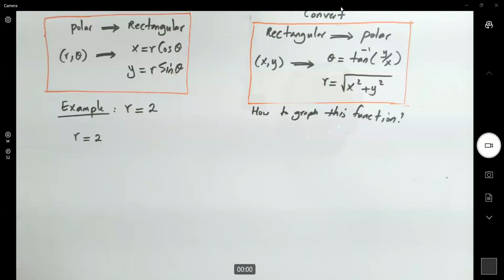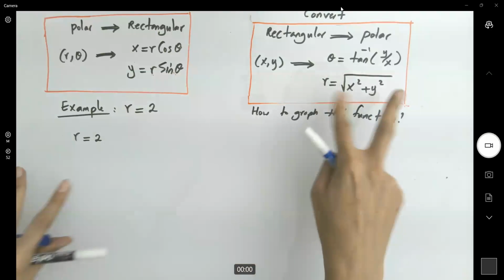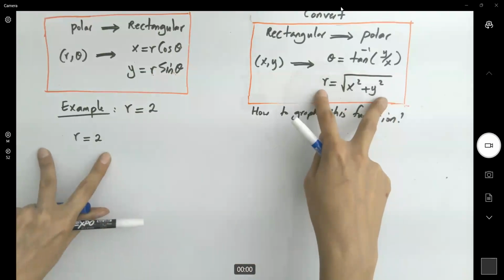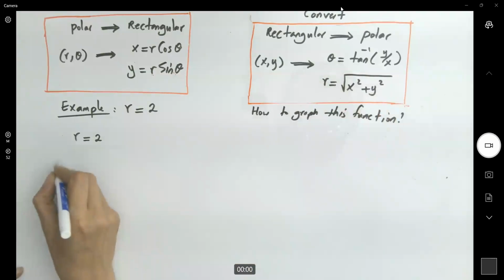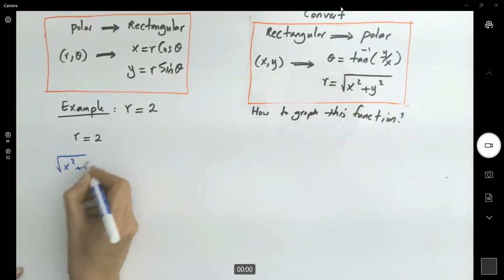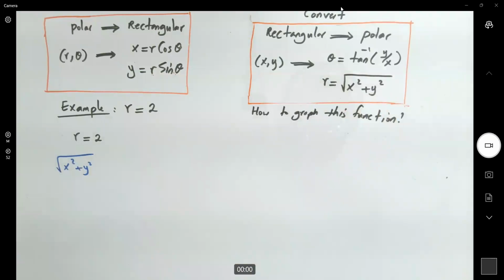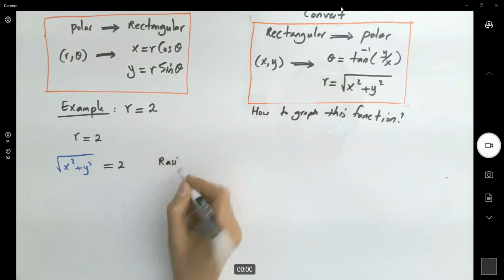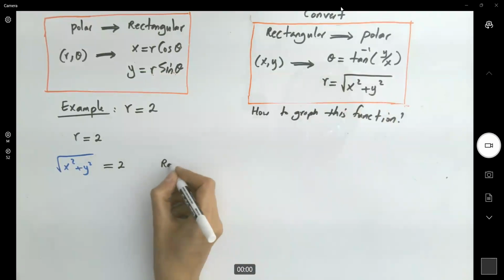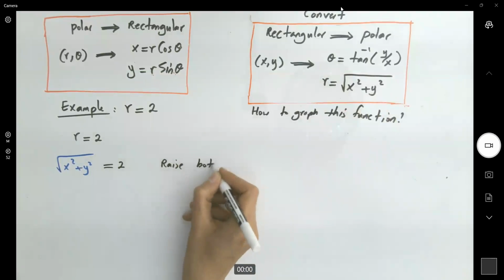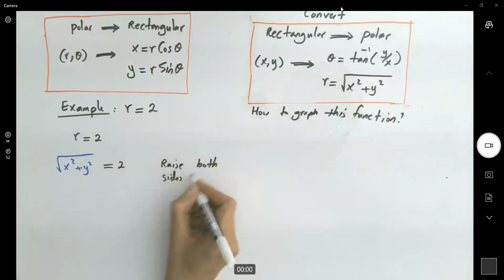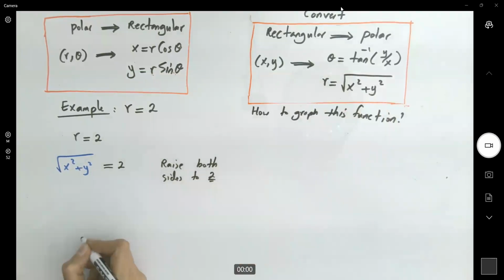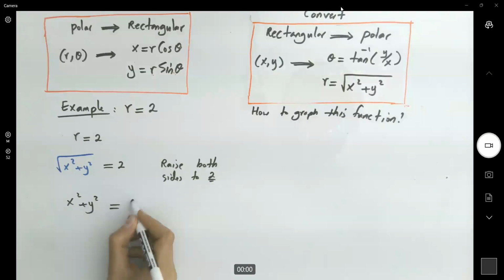So on the left-hand side, your r can be replaced by the square root of x squared plus y squared, and on the right-hand side, you have a 2. Raise both sides to the second power. You get x squared plus y squared equals 4.